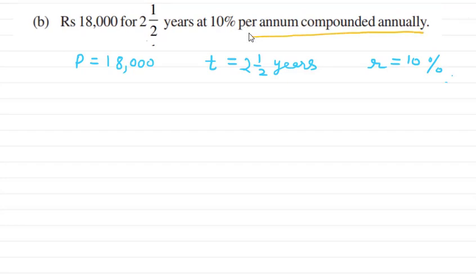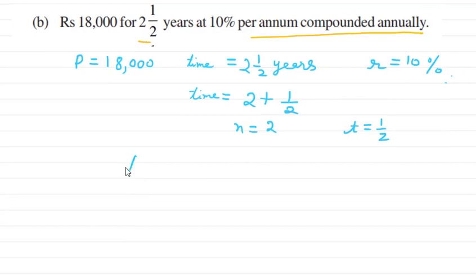So it is compounded annually, but here the time is given as 2.5 years. In this case we can take this t as 2 plus half. So here your n will be 2, and you can take your t as half. So in these types of questions where your t will be in fractions, you can do it this way.